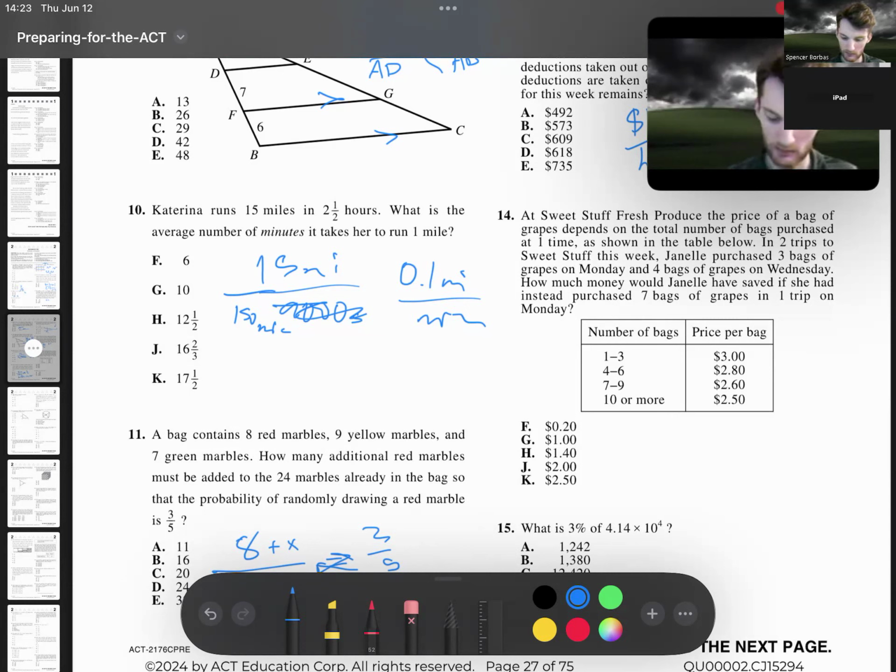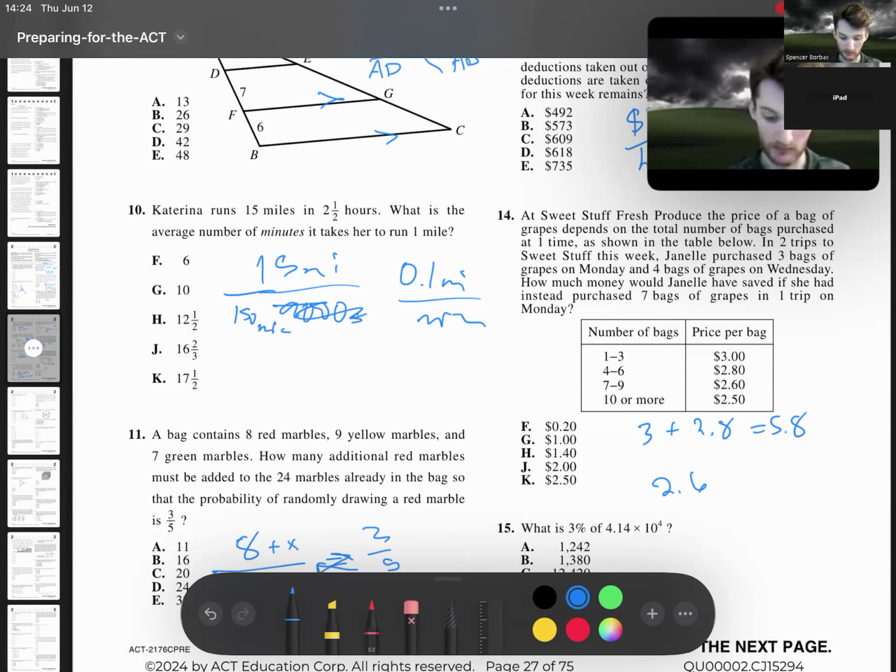Day doesn't matter. 3 bags on Monday, 4 bags on Wednesday, 7 bags total. 5.8 minus 2.6 equals 3.2.